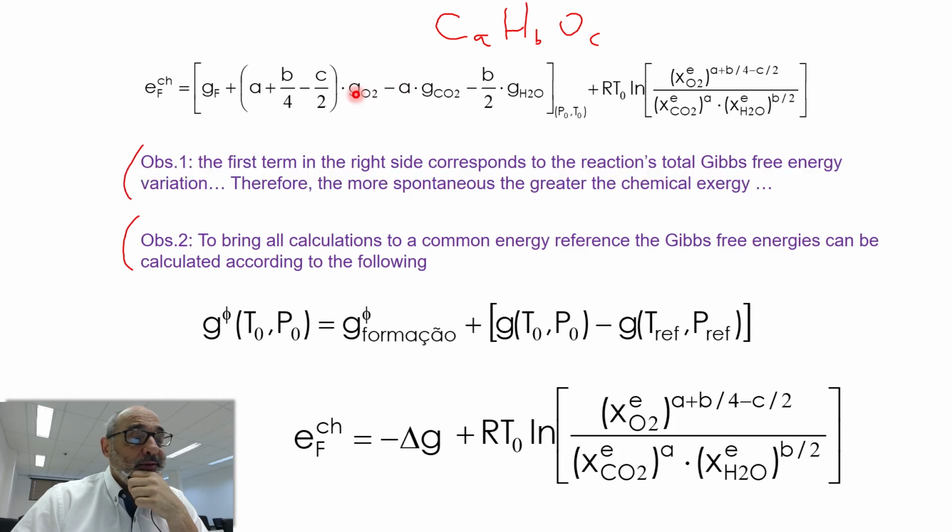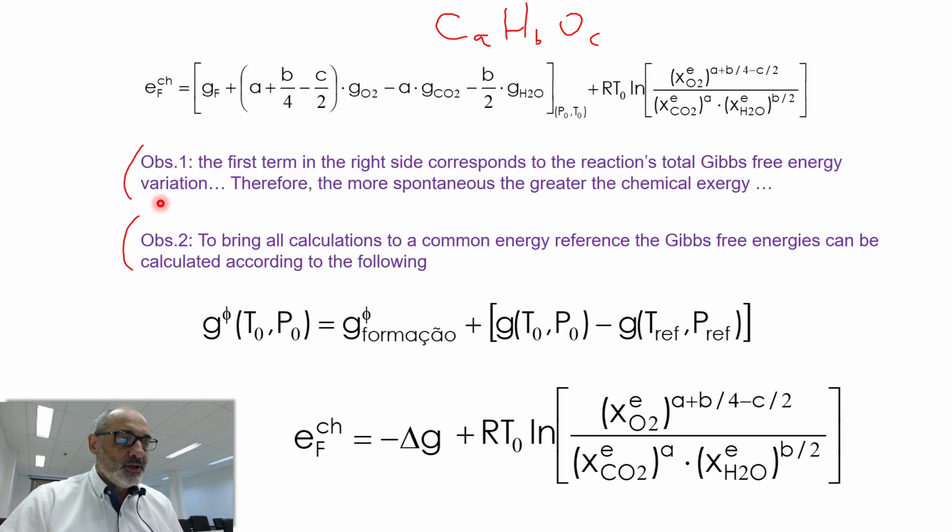Because we already knew that if delta G is negative, the reaction is spontaneous, and the more negative, the more spontaneous is the reaction. Now, we can infer that if the reaction is very, very spontaneous, its exergy content is going to be very high. So spontaneity is related to exergy content.